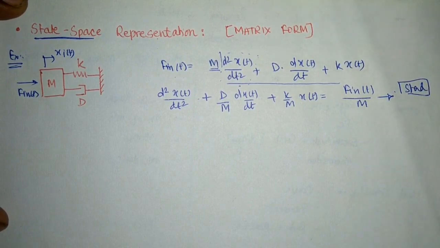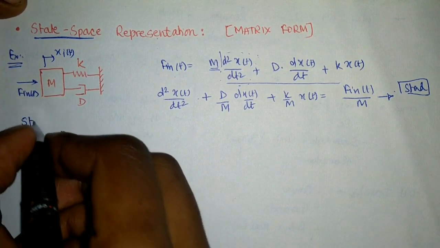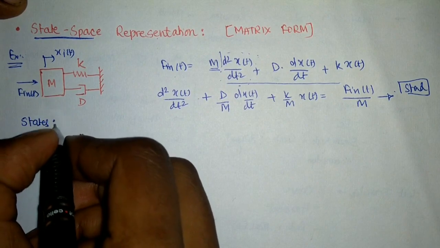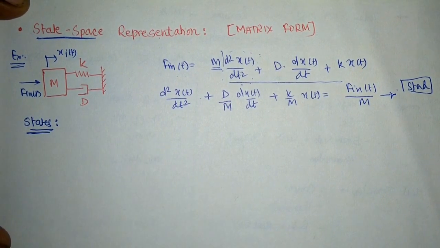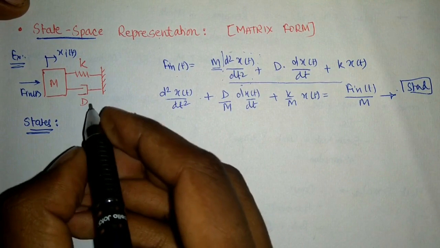So that is our standard representation of the equation. We are doing the standard representation so that it will help us give the state space representation to our system. Now when I say that I'm going to apply the state space representation, it basically means I'm going to define certain states, and those states are given in terms of our output differentiations.